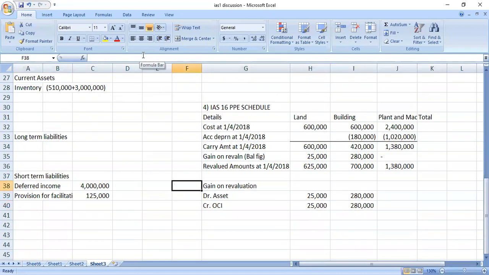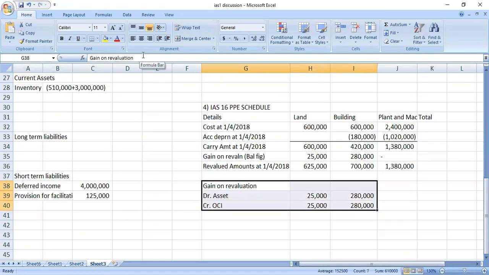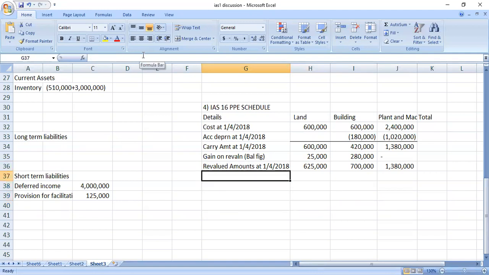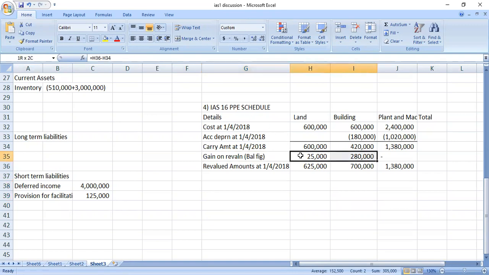So let's look at the continuation. Officially we have revalued, as far as the additional information is concerned. So let's go on, because you know that with non-current assets we have to depreciate them and do all that kind of stuff. So if I may take it to the additional information and we continue.